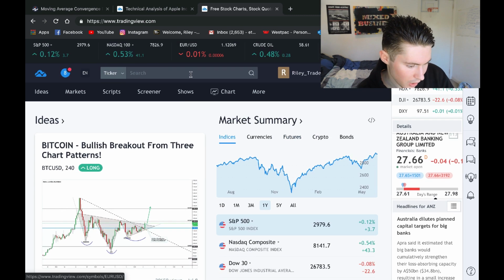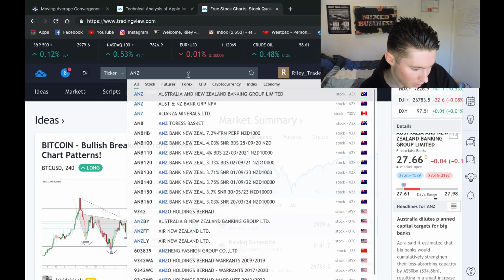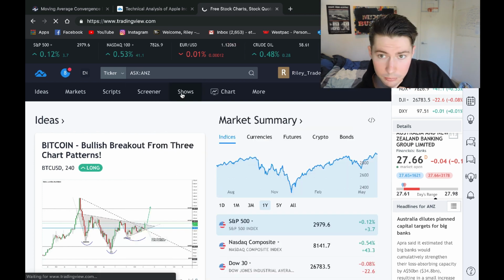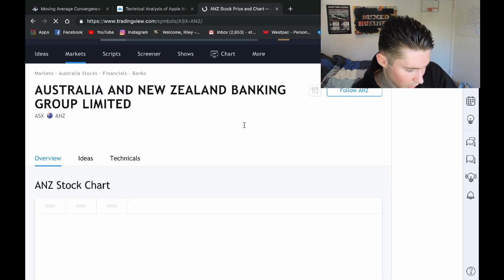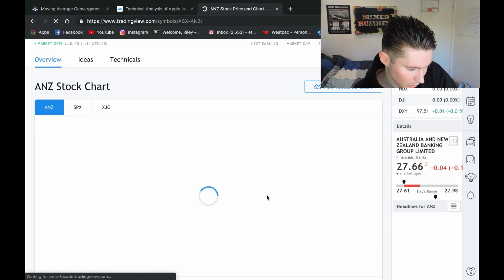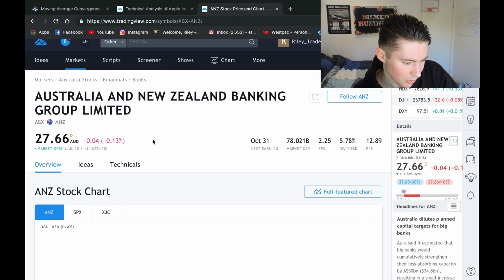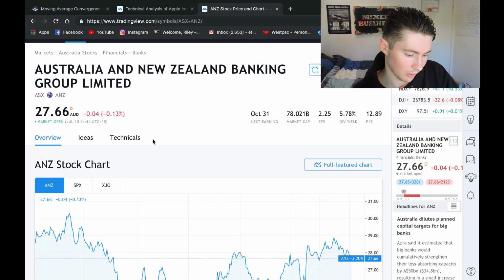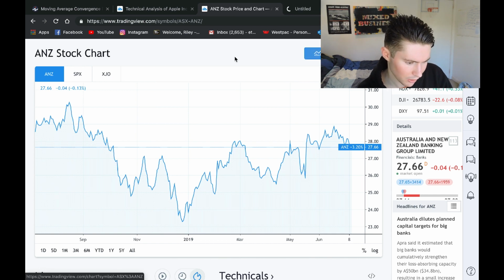So if we go into a stock like something like ANZ, we'll get that up. So basically what TradingView allows you to do is, when it loads, here we go, it gives you a stock chart, it gives you like technicals. You're just going to want to click on the full featured chart like that.